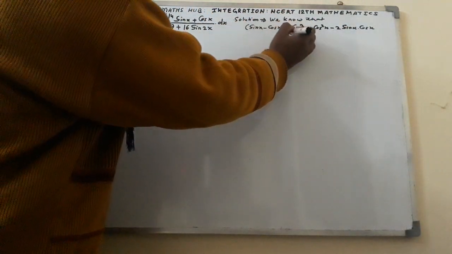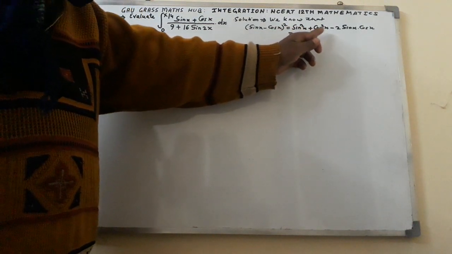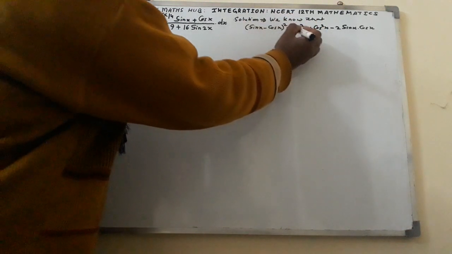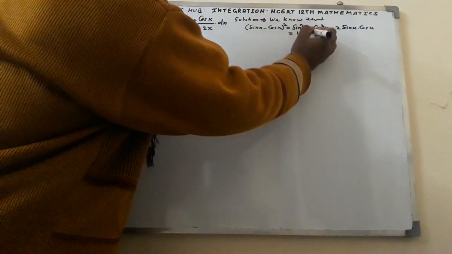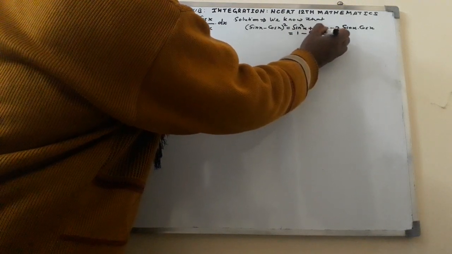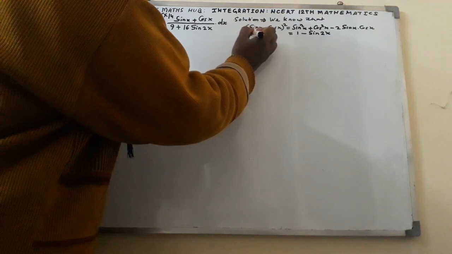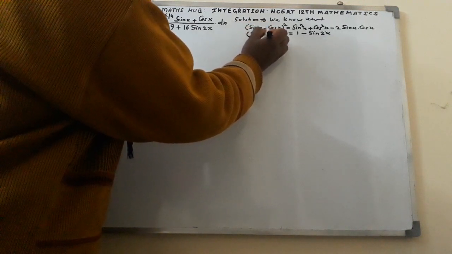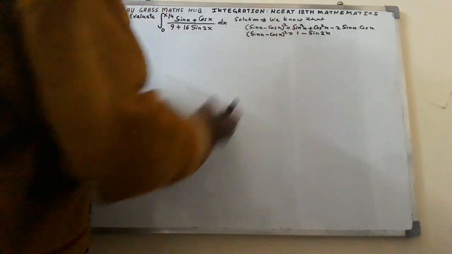Again I shall write, implied that sin square x plus cos square x comes out to be 1, minus 2 sin x dot cos x comes out to be sin 2x. Here it will be written (sin x minus cos x) whole square.